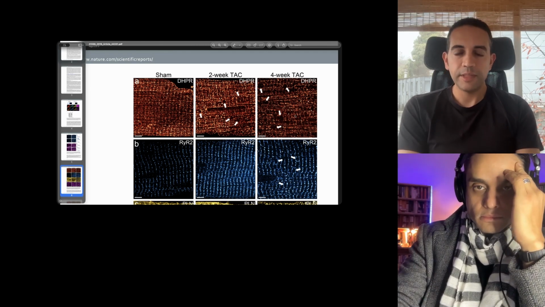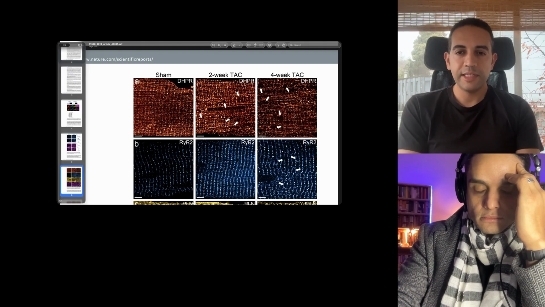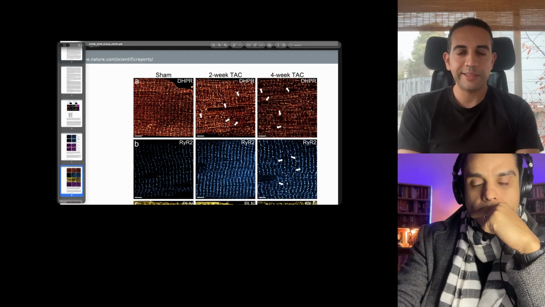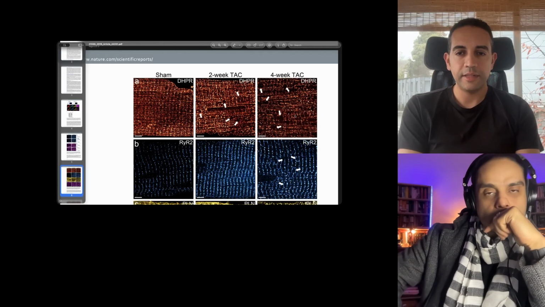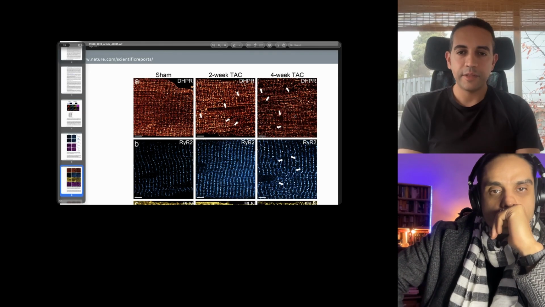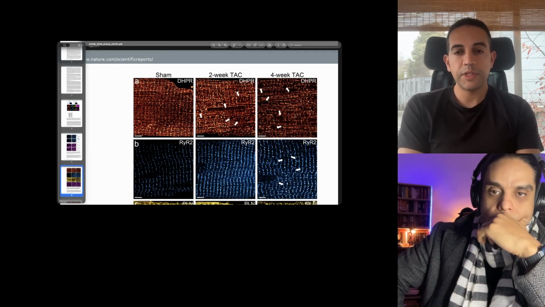So really what the improvement in spatial resolution afforded us here was, look, that disease is actually impacting the spatial distribution of these key players in enabling contraction. There's disorder now taking place, and they're not neatly organized as a way to achieve their function. And that's what we're showing here.